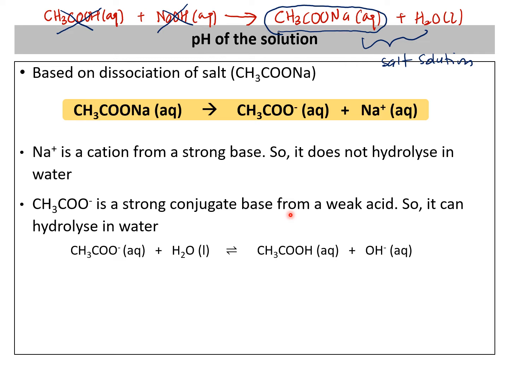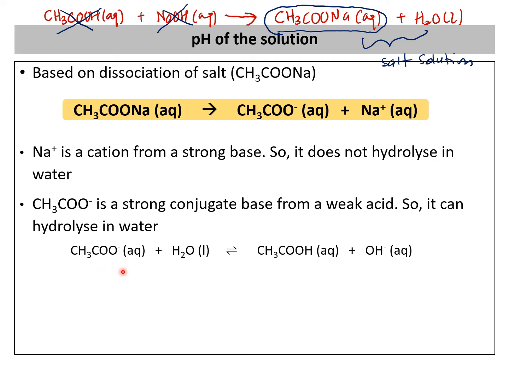Okay, sebab apa yang penting adalah statement yang seterusnya, yang mana awak boleh tentukan siapa yang akan hydrolyze in water. So, the strong anion yang akan hydrolyze in water. Dekat sini tadi Na+, since dia datang daripada strong base, so dia adalah weak cation. So, it will not hydrolyze in water.